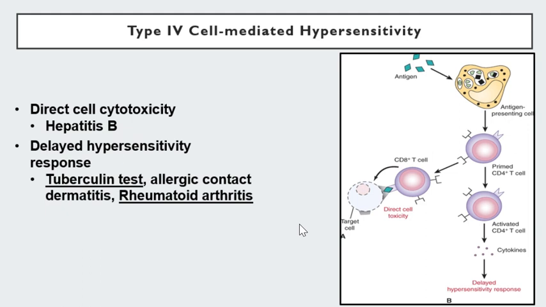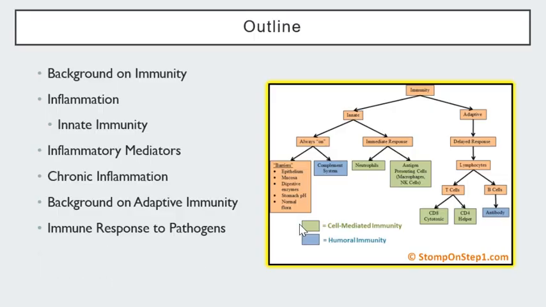Rheumatoid arthritis is also part of this, where your T cells are actually attacking your joints, right? Again, it's a hypersensitivity because your joints aren't a pathogen that need to be attacked, but it develops over time. We'll talk about that when we get to bone disorders more specifically.